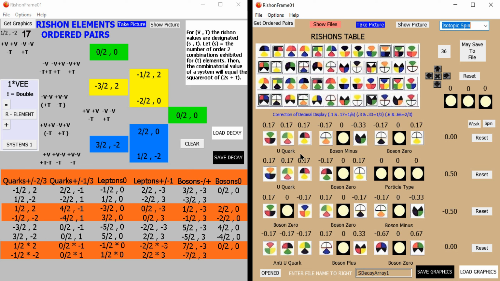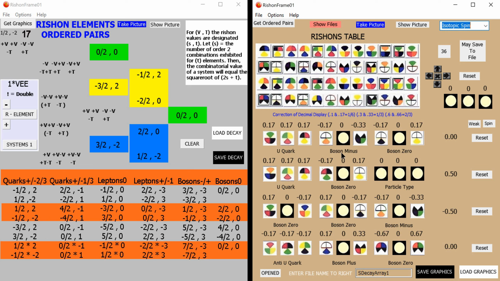First, looking at the generic U, we see we have, for each of the rishons, 1/6, for a sum of 1/2 plus 1/2.